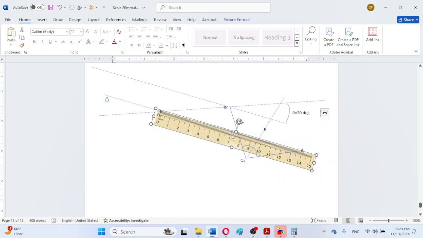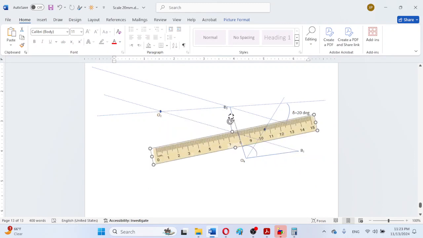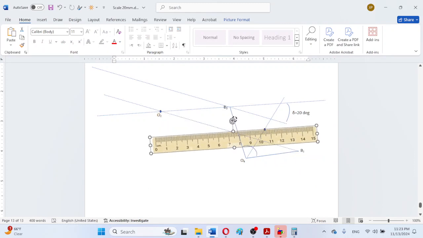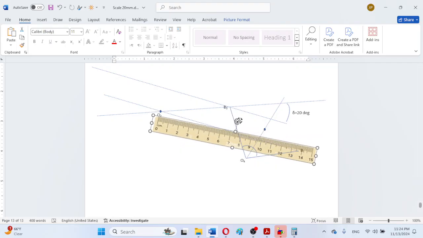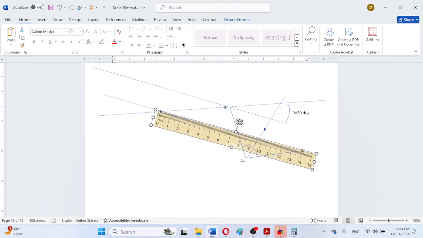that first of all, measure this length O2 B1. As we can observe here, this length is somewhat 13.6.